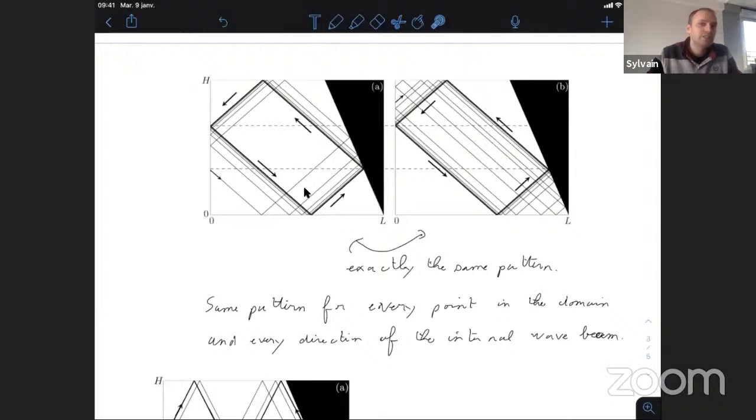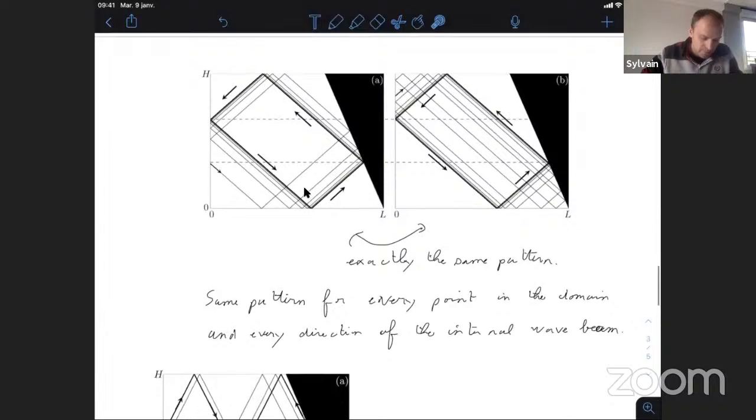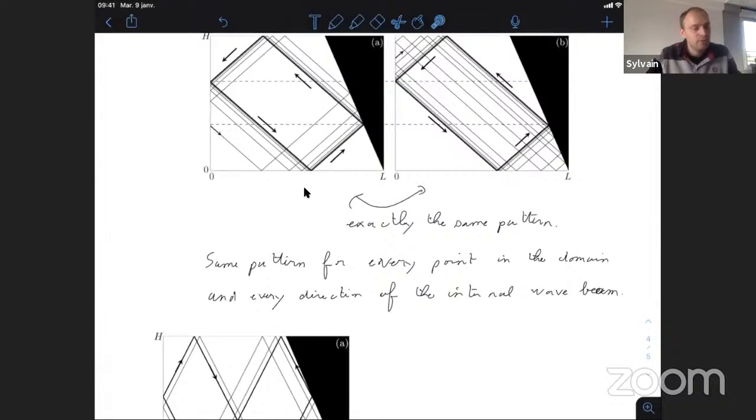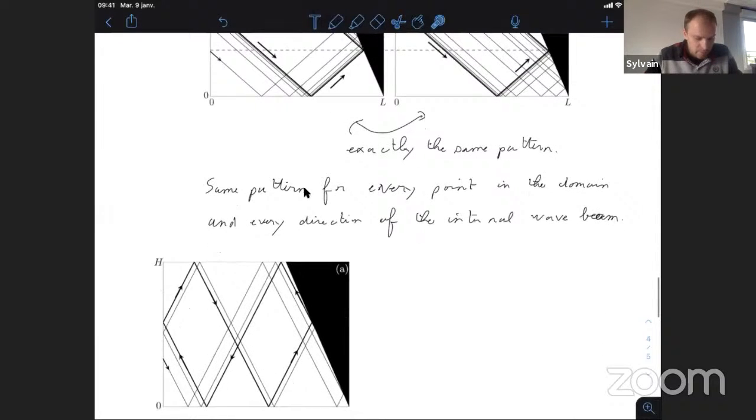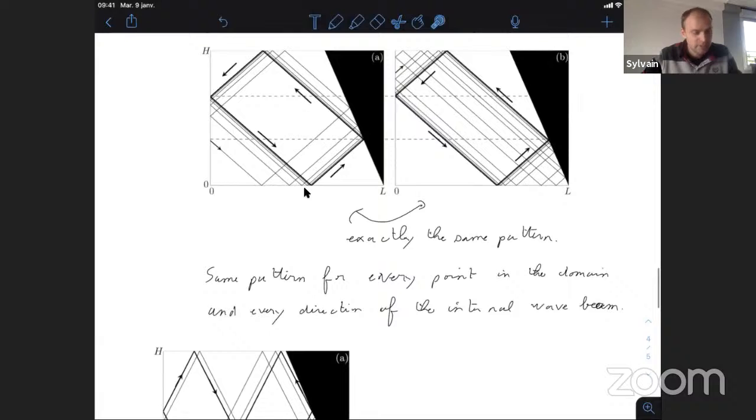If it's only a single point, it's always difficult to see it in experiments. But since there are many possibilities to see this attractor, when you have an internal wave attractor, every point in the domain will lead to the same attractor.